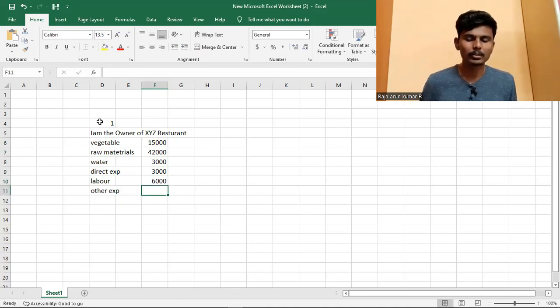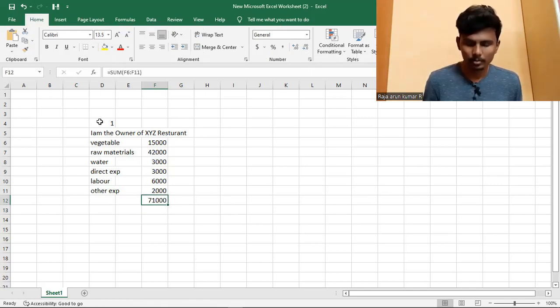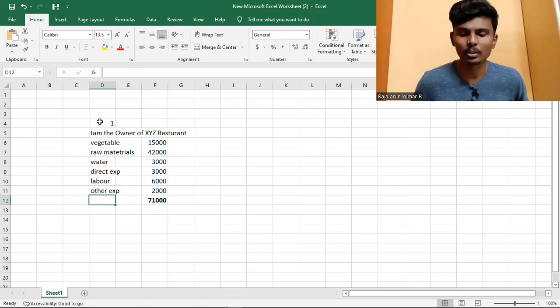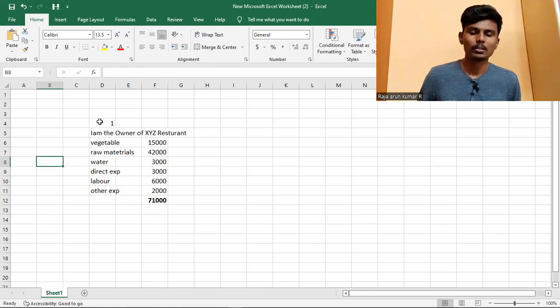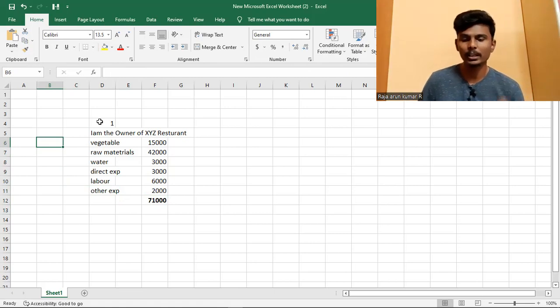Then other expenses like 2,000. The total is 71,000 that I want per day to run the whole restaurant.